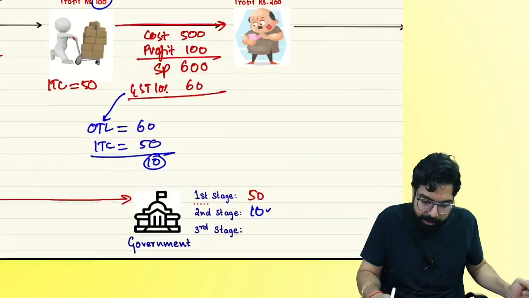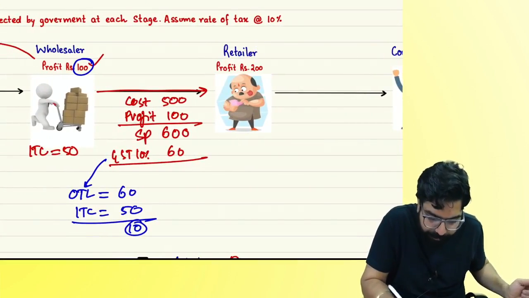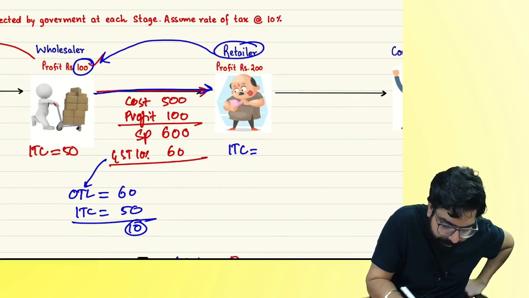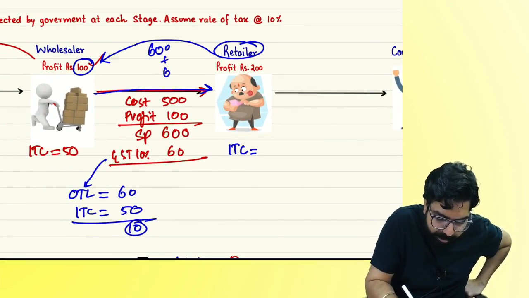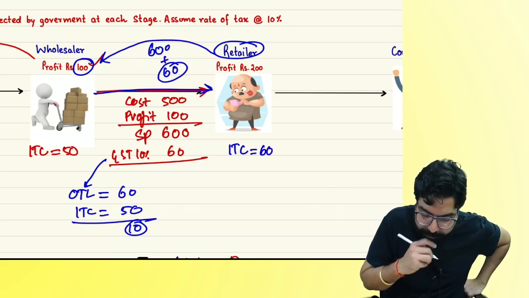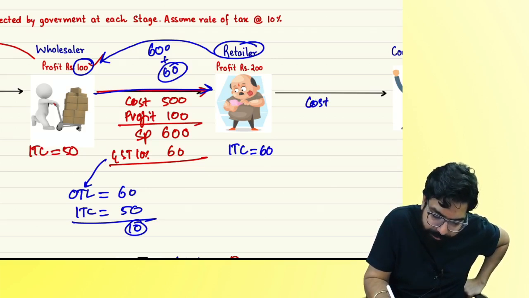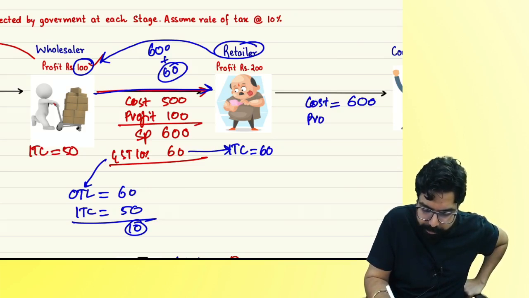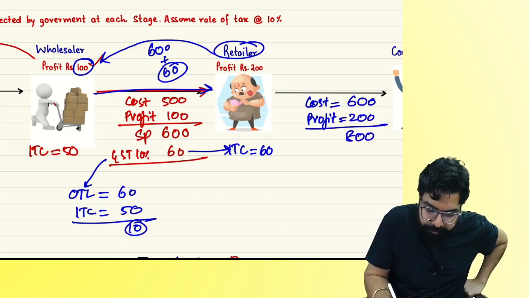Sure, everyone? The last stage. Can you tell me, the retailer, will he get any input tax credit? How much did he pay? 600 plus. So will he get 60 rupees credit? What is his cost? 60, so he got the credit. 600, profit 200. Can you tell me the total? 800.